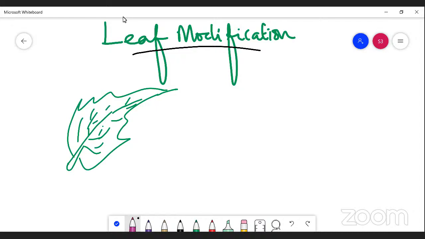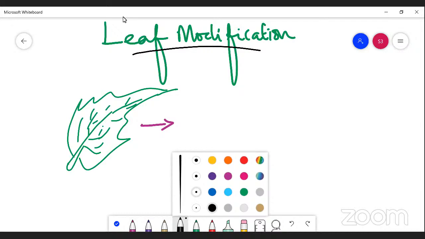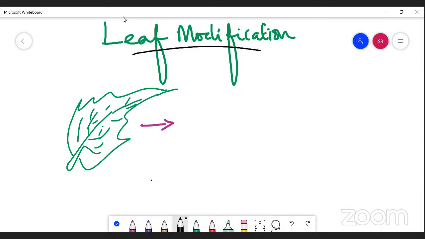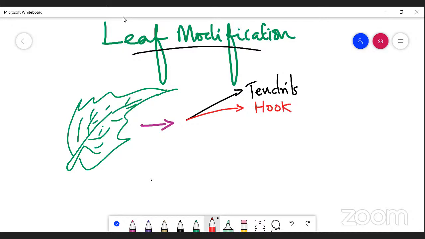Now, this leaf is modified into several types. The first type is tendril. Second, the leaves are modified into hook-like structures. Third, sometimes the leaves are modified into spine-like structures, spines or thorns.